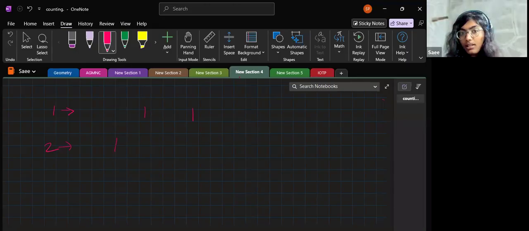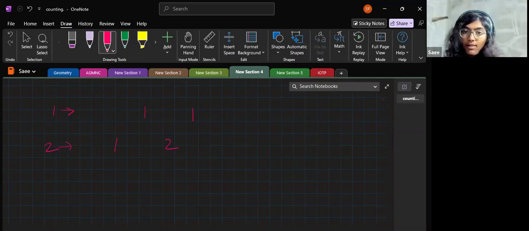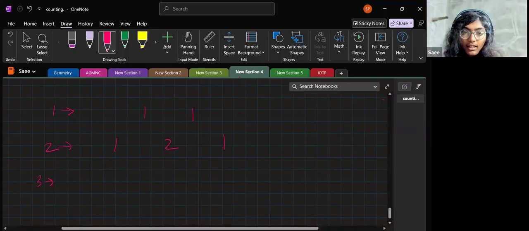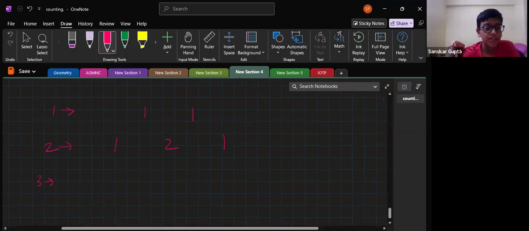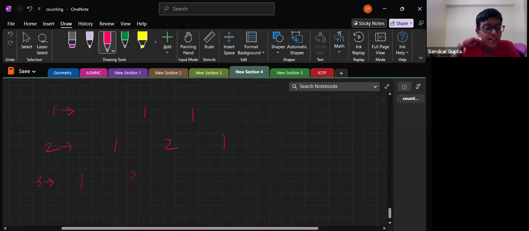How many ways of choosing one object from 2? 2. You can either choose the first or the second. How many ways to choose 2 objects? Again 1. How about for 3? It's 1, 3, 3, 1.